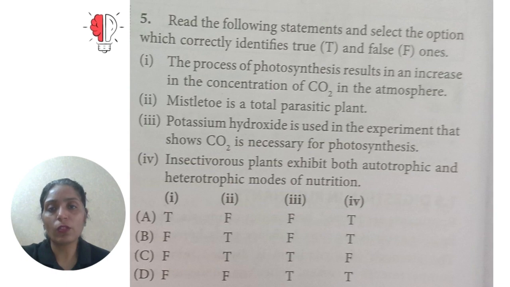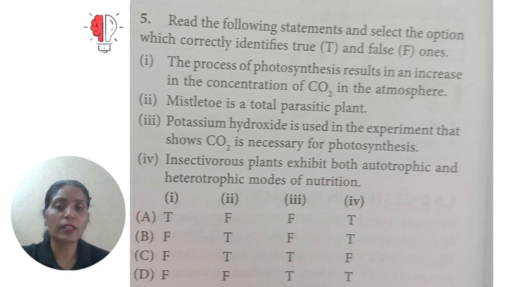This is also false. Now the third one says potassium hydroxide is used in an experiment to show carbon dioxide is necessary for photosynthesis. We have read potassium hydroxide is an absorber of carbon dioxide. So it absorbs the carbon dioxide, which shows that carbon dioxide is necessary for photosynthesis. And so it is a true option.